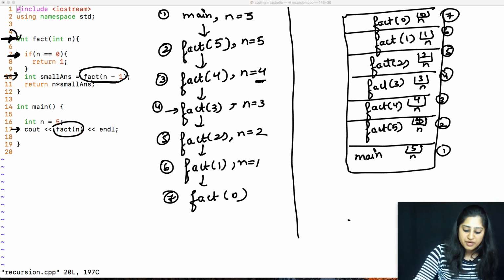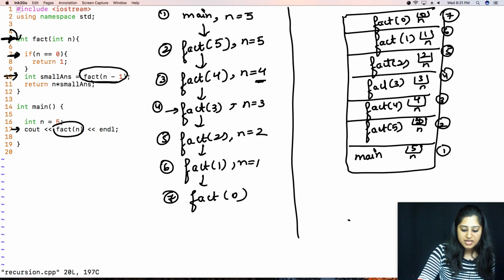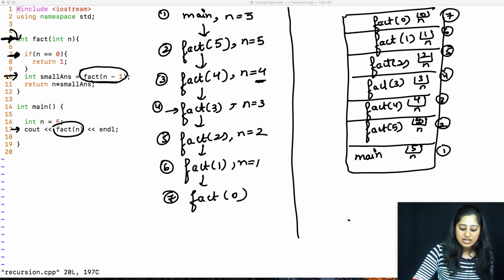Okay. So we were at a point that main called factorial 5, which will call factorial 4, 4 will call 3, 2, 1, 0 and all these calls will be put into a stack. The first call main, I have put it into the stack. The second call was 5, I have put it in. The 4, 3, 2, 1, similarly I have placed all calls here inside the stack.